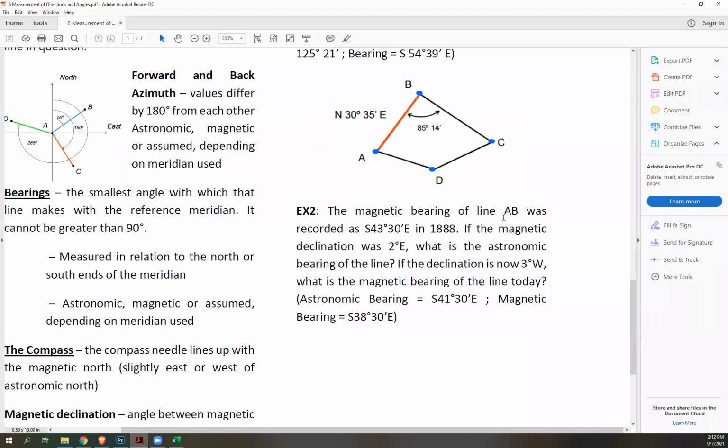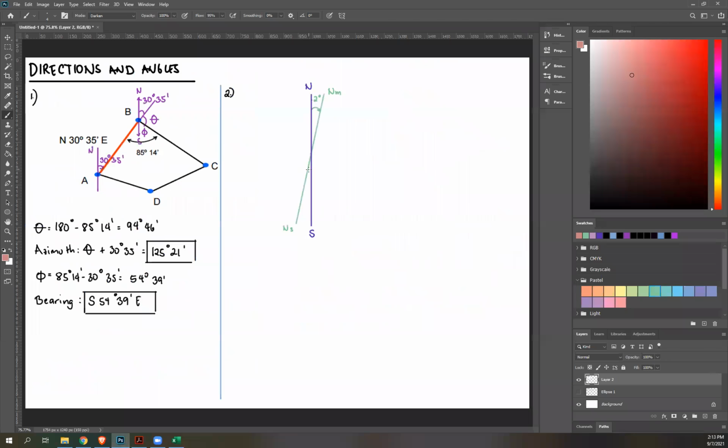Line AB, from that magnetic bearing, because as you can see, this is a magnetic bearing. South, 40 degrees, 30 minutes east. So you're going to go from that magnetic south. This is your line AB. This is your reference line. And then 40 degrees, 30 minutes east, this way. It's going to go over this angle because that's just 2. So let's say here.